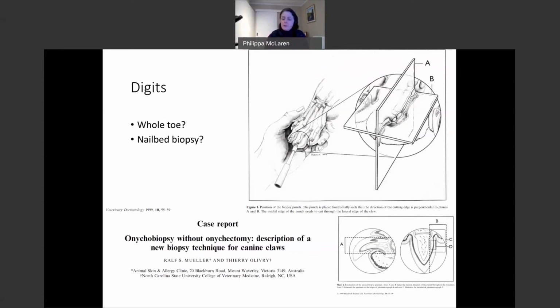But for conditions where you're interested perhaps in fungal keratitis, or if you're worried about symmetrical lupoid onychodystrophy, which I always have to look up, you might choose to do this nail bed biopsy technique. Basically, it uses a punch biopsy and goes along the plane of the P3 into the nail bed. I'm sure you don't want to be doing this conscious.